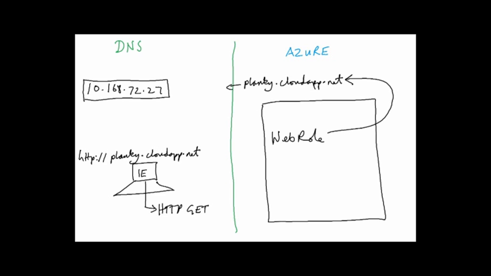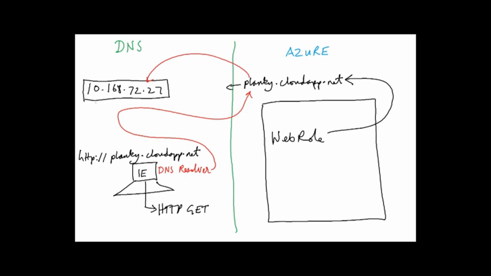And so what happens next is that the component built into the IP configuration, known as the DNS resolver, does a lookup into DNS. So in fact it looks for this name, and that gets resolved to this IP address.